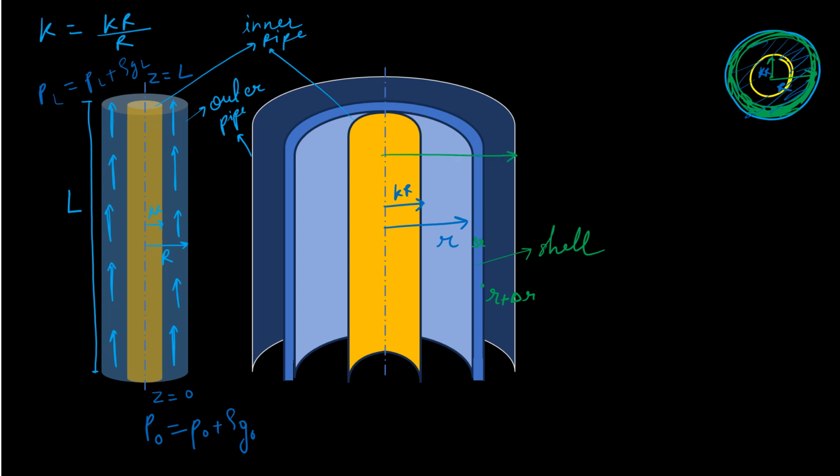This outer cylindrical pipe has radius capital R. Flow is in z direction only, opposite to gravity, due to pressure. Therefore velocity is Vz. In r direction and theta direction there is no flow. Therefore Vr and V theta are equal to 0.